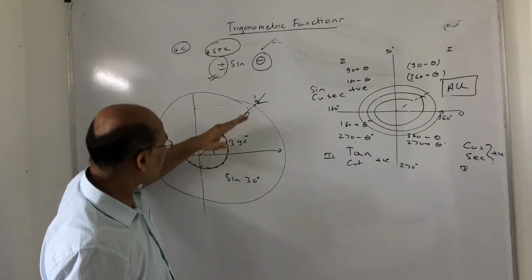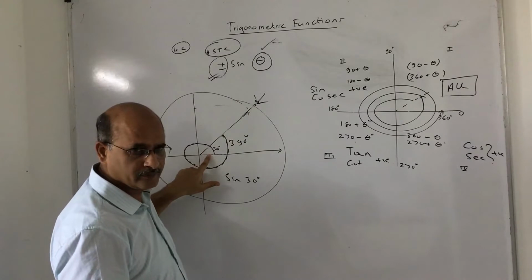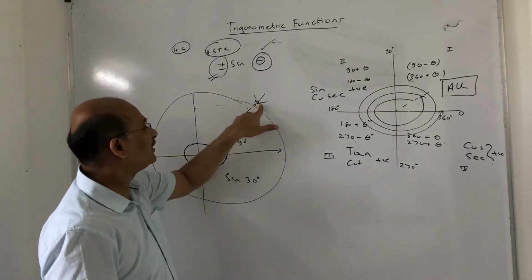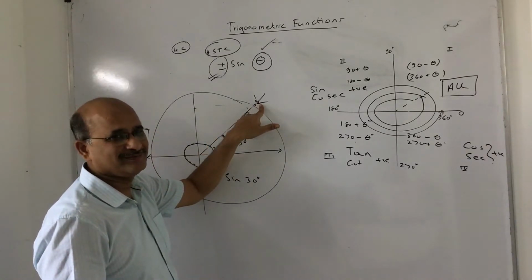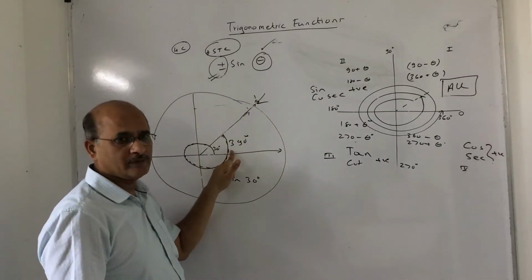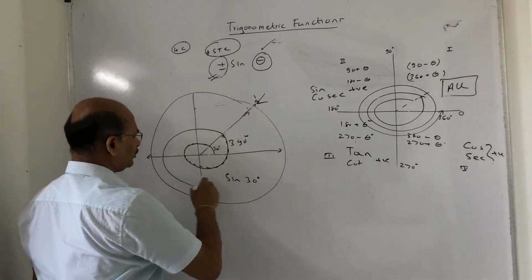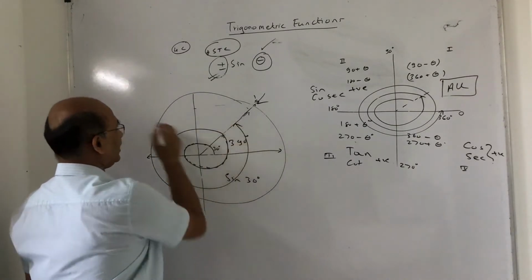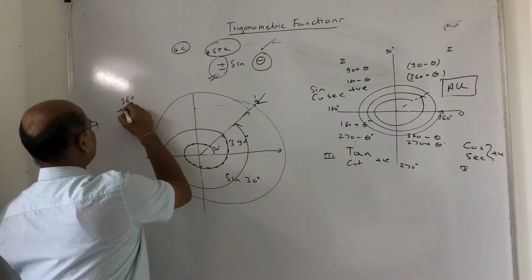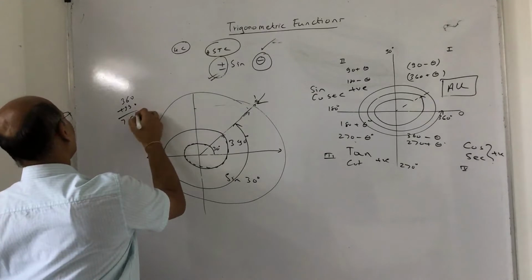Sine 390, the position of the terminal arm remains the same as it was at 30 degrees. That's why sine 390 is also half. Sine 30 is half and sine 390 is also half. Similarly, if it covers one more rotation, 360 degrees, so 360 plus 390, how much does it come to? 750.